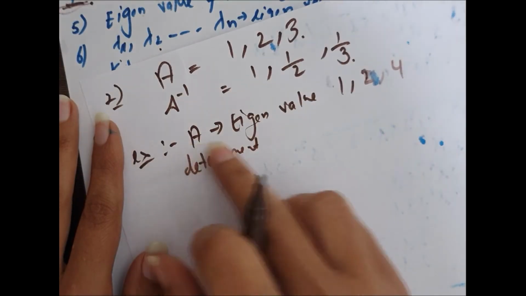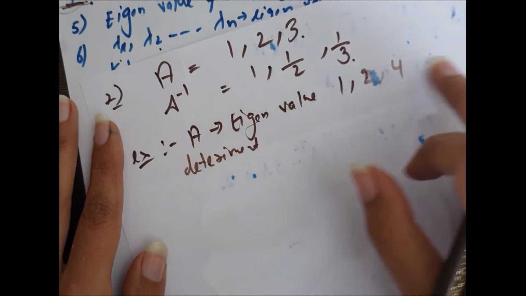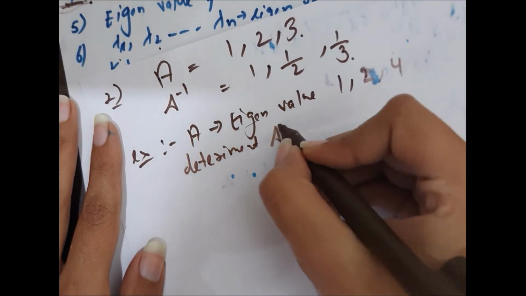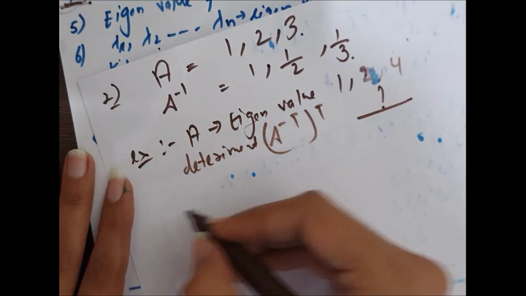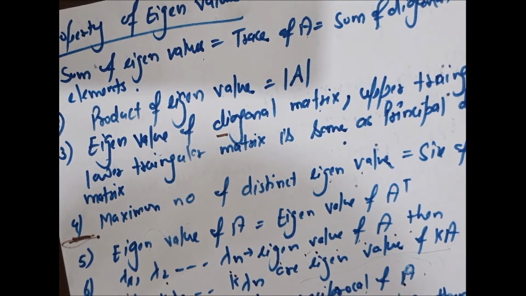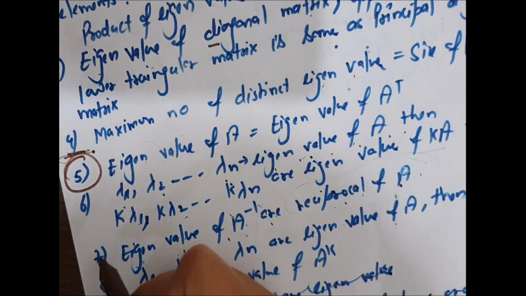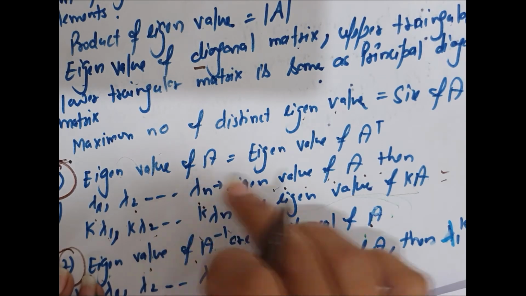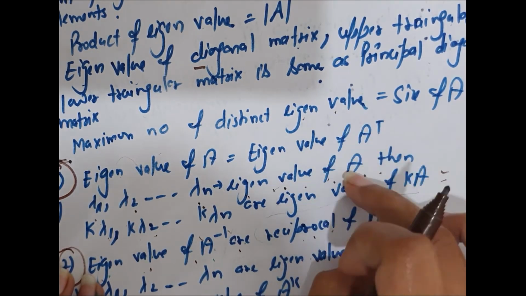If we have a matrix whose eigenvalues are given as 1 to 4, and we are asked about the determinant of A inverse transpose, then what would be its solution? For its solution, see property number 5 and property number 7. According to property number 5, the eigenvalues of A are equal to the eigenvalues of A transpose.